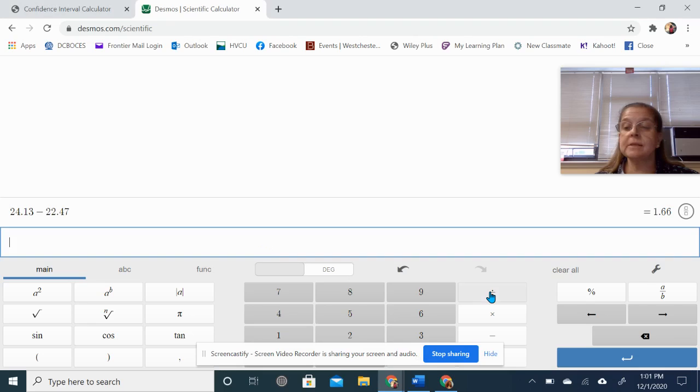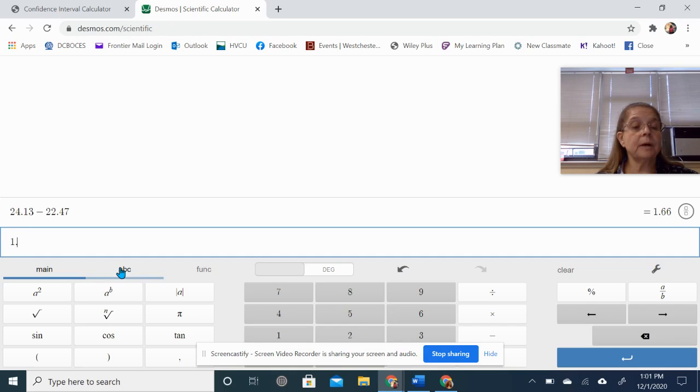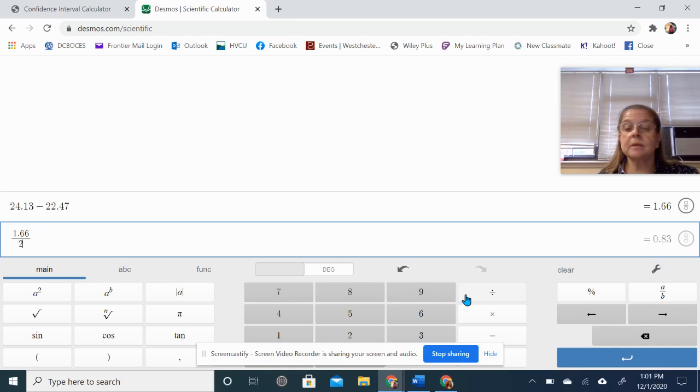And then take that answer and divide it by 2. Whoops, I want the answer from above. 1.66 divide by 2, and there it is, 0.83.